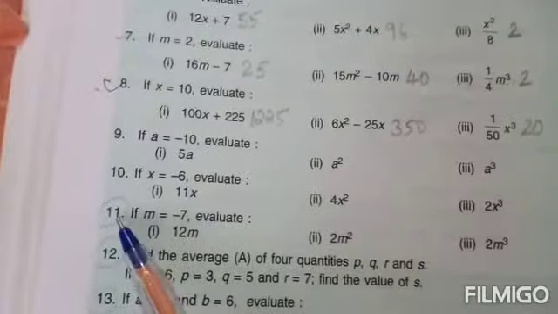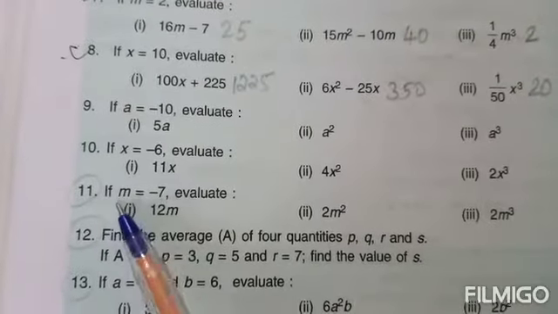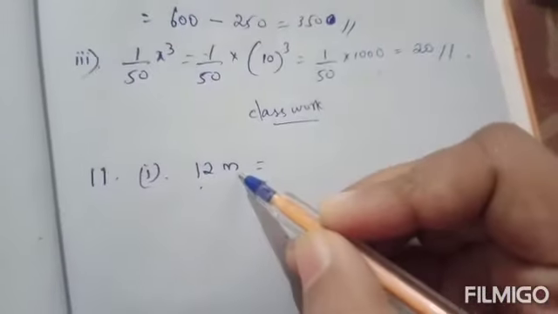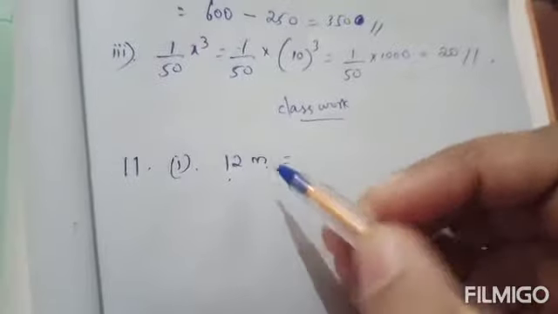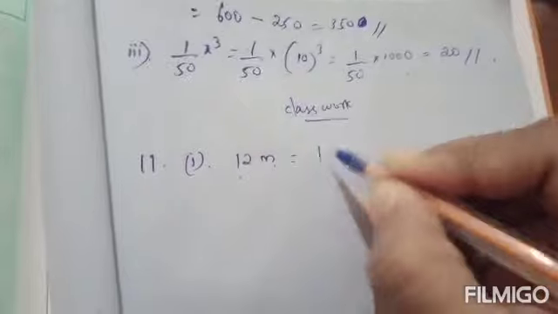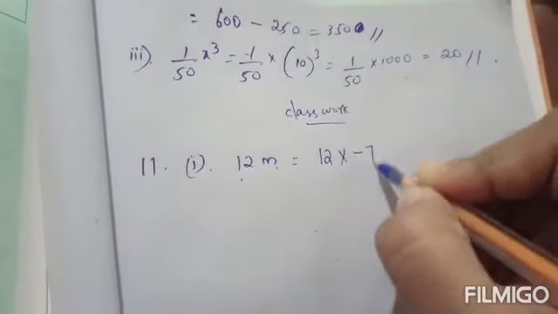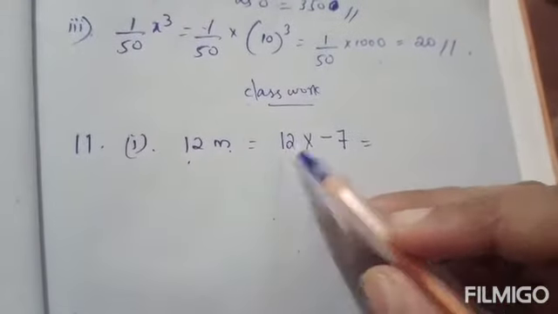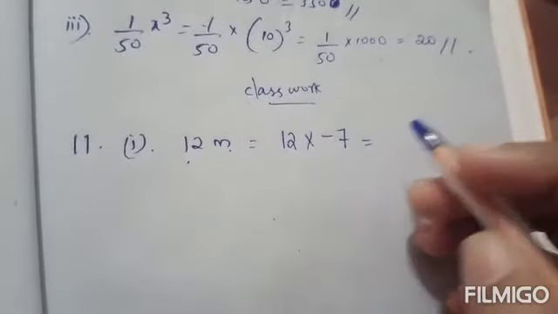Next question, 11th one, if m equal to minus 7, evaluate first 12m. So 12m means 12 into m, given the value of m is minus 7, so we can write 12 into minus 7. Now you know positive into negative is always negative.